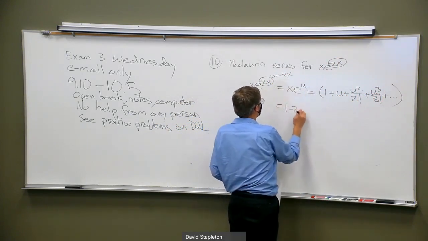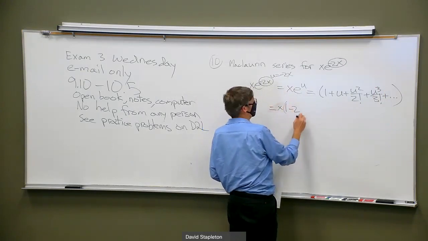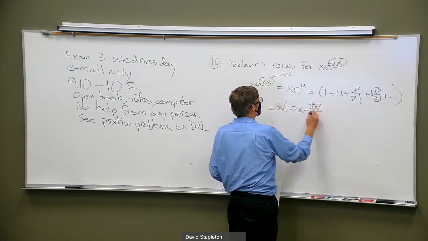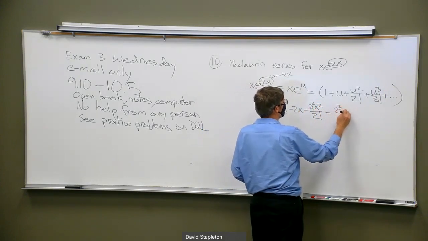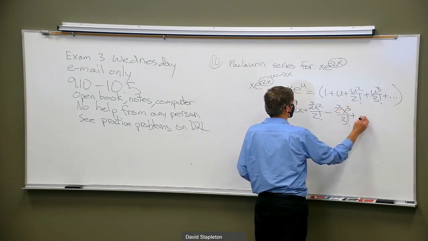This is 1 minus x times 1 minus 2x plus 2 squared x squared over 2 factorial minus 2 cubed x cubed over 3 factorial plus so on and so forth.